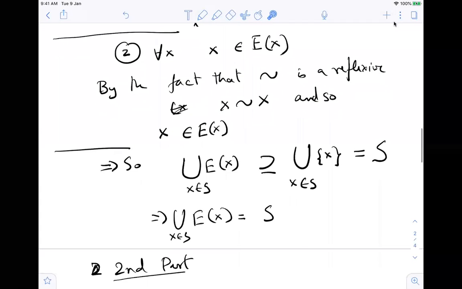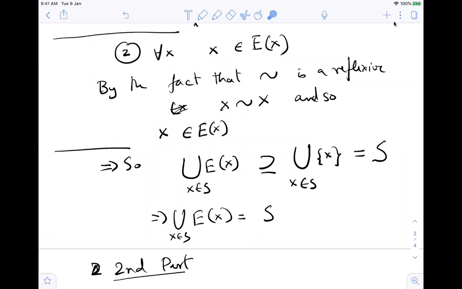And now, since X is in E of X, let's look at the union over E of X. Now, if I have a union of some sets, I can throw away some elements, and then I will have a subset, not proper, of this whole thing.